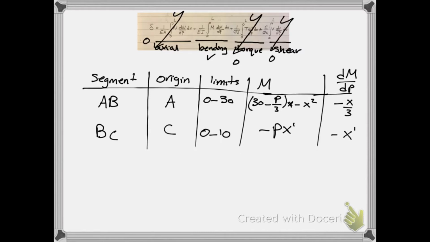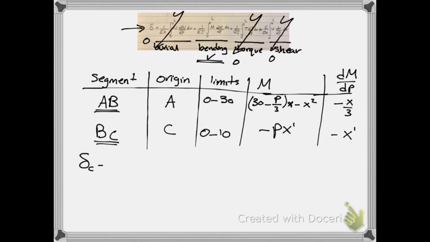Now since our table is ready, we can plug in the values into our formula for deflection. And remember, for each section cut you have to write the deflection formula. So we're going to have two bending terms, one for section AB and the other one for BC. So let's write this.